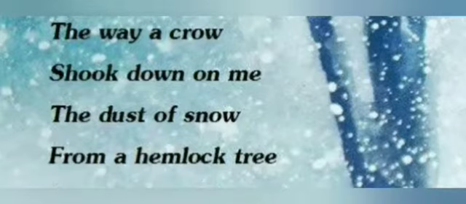As the poet happens to pass by that hemlock tree, a crow sits on the branches and due to that act some snow dust falls on him. Some snow dust falls on the poet. Here it is not mentioned clearly what the crow was doing there.